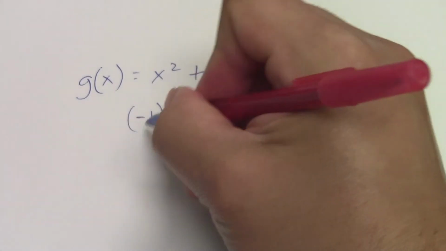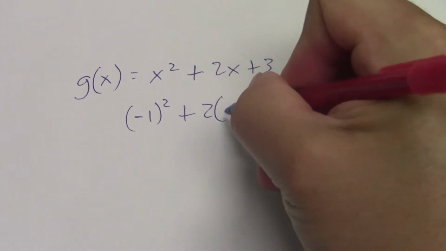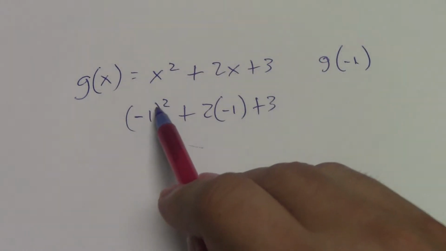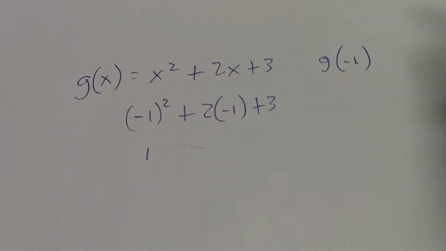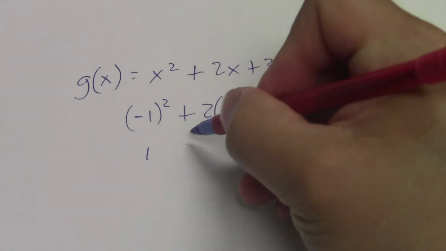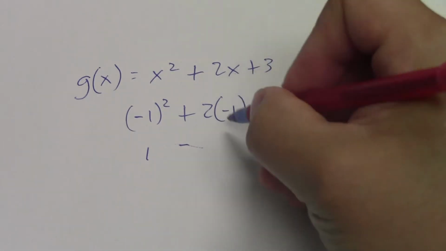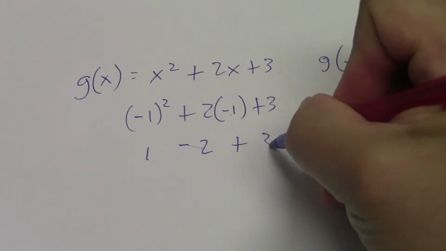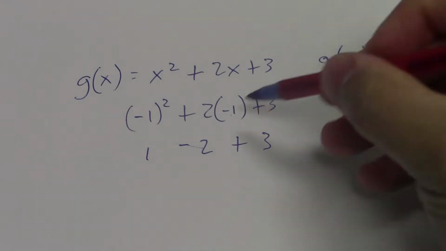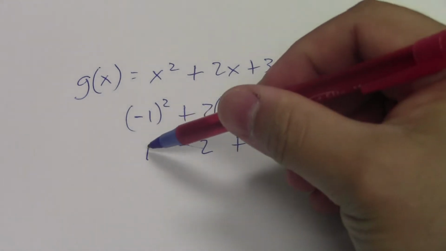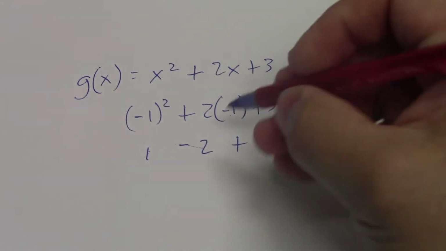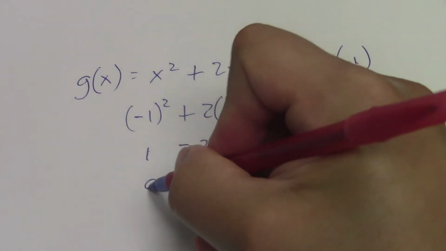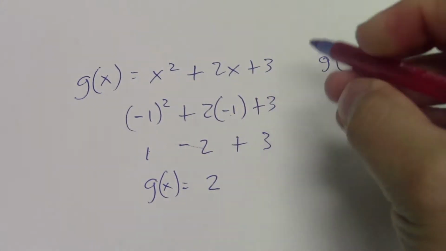So -1 squared plus 2 times -1 plus 3. -1 squared is 1. 2 times -1 is going to be -2 plus 3. All right, and then we just solve. So 1 minus 2 plus 3 will give you 2. And that's your answer. G of x is equal to 2.